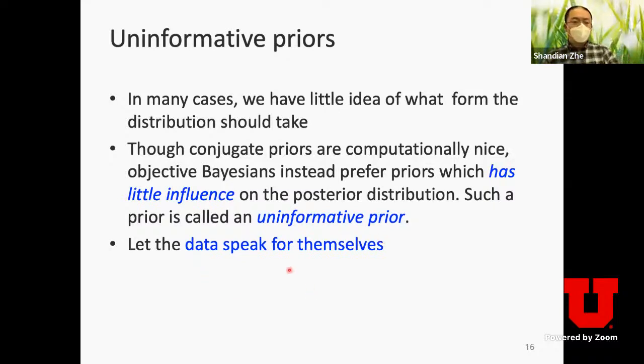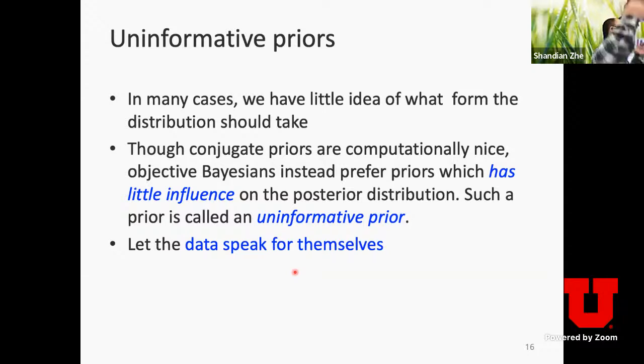So let's continue with the uninformative priors we discussed from last Thursday. We first introduced the philosophy of the Bayesian model, right? The biggest difference between the frequentist point of view and the Bayesian one is this: in general, suppose you want to estimate some parameters from data.